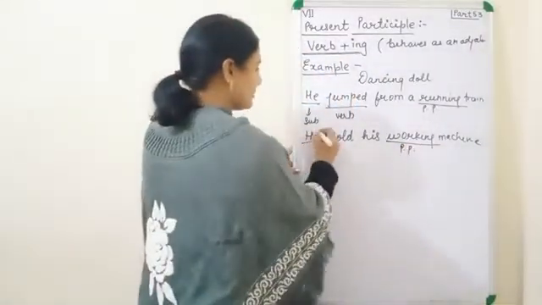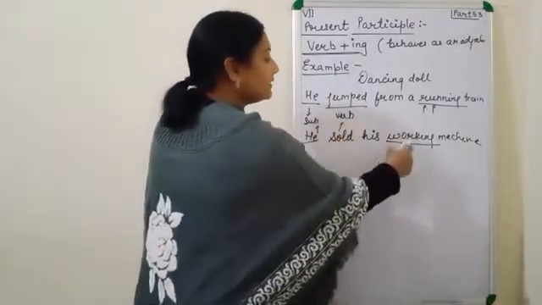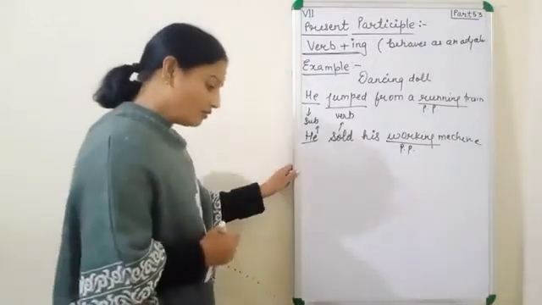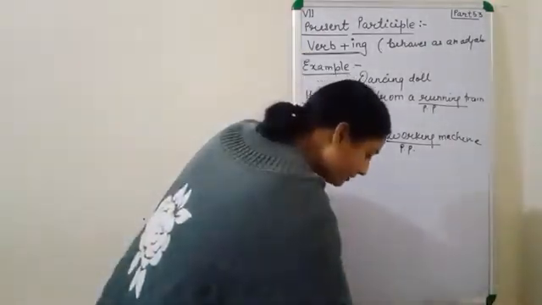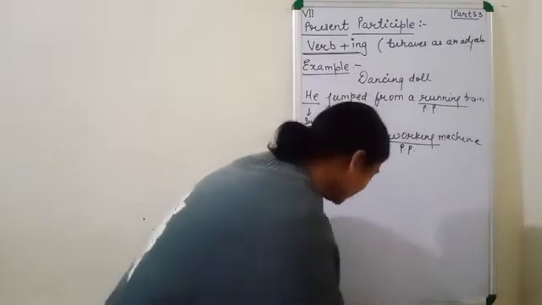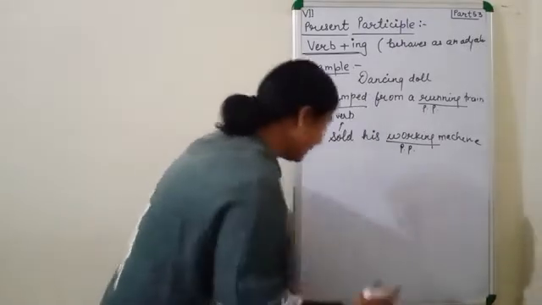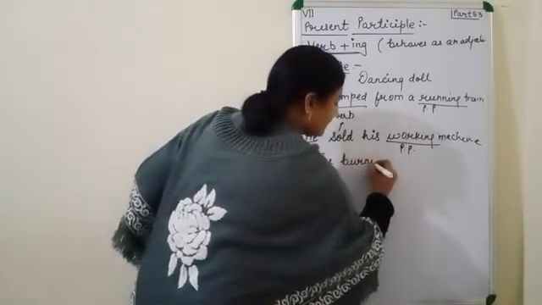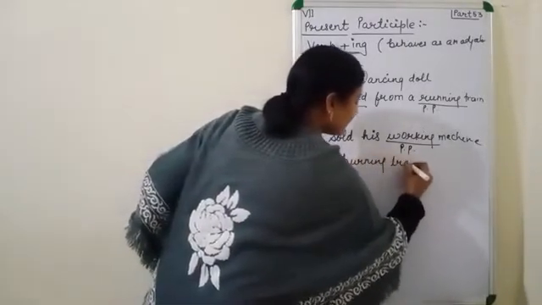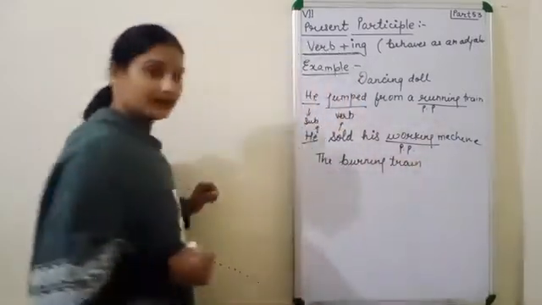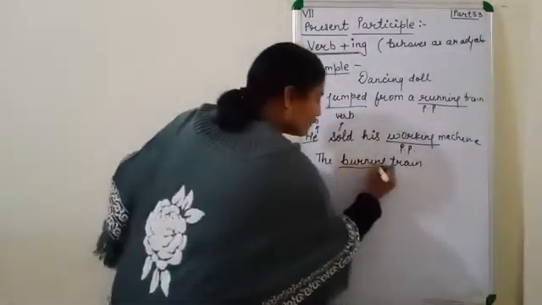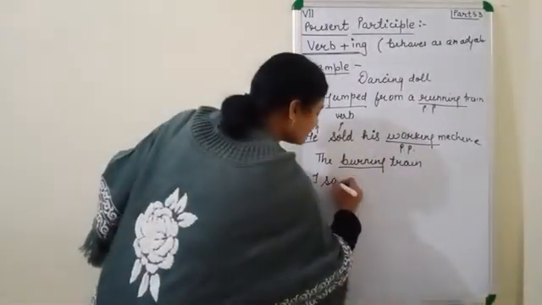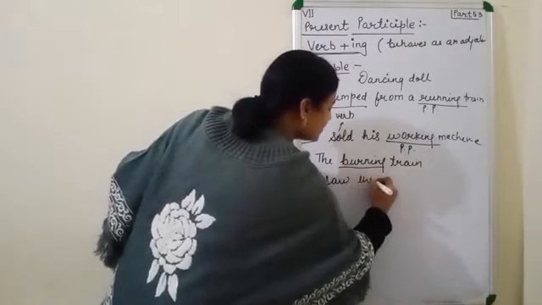Again, this is your subject, this is your verb, and this will be the present participle. Understood? Now, one more example. The example is "the burning train". Quality of the train. Burning. So what sentence can we frame? I saw the burning train.